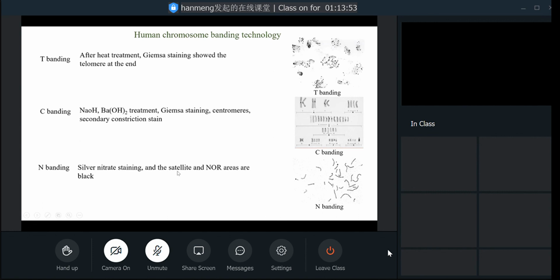But we know only 5 chromosomes have the satellite, the secondary constriction of the satellite, also the NOR. So only 5 chromosomes can be stained black with the N banding.